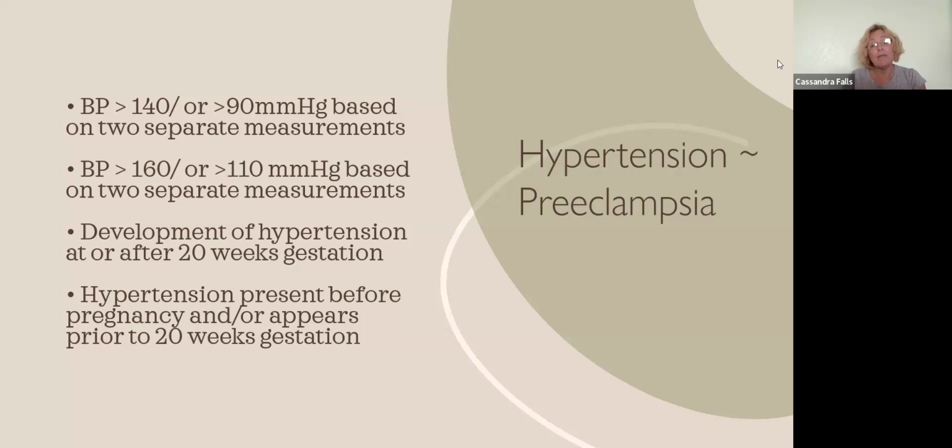So if you get lab values back that are consistent with this, you need to be calling the physician and say, hey, this is what I saw. What are we going to do about this? Because the physician may not make rounds until tomorrow.